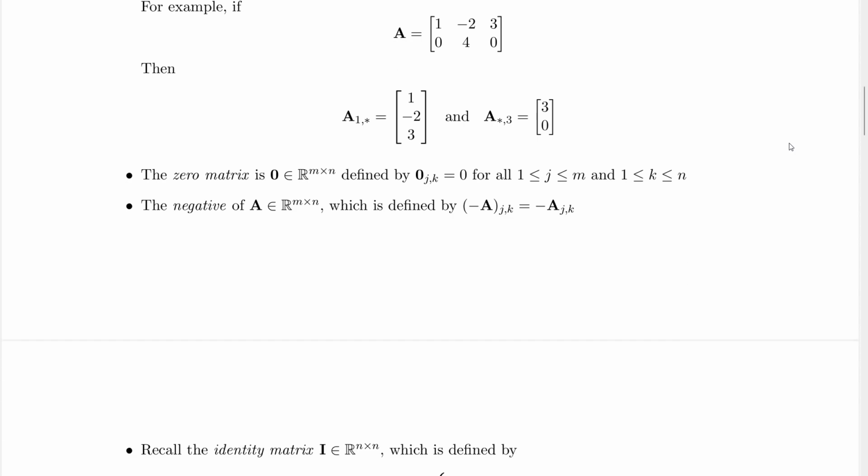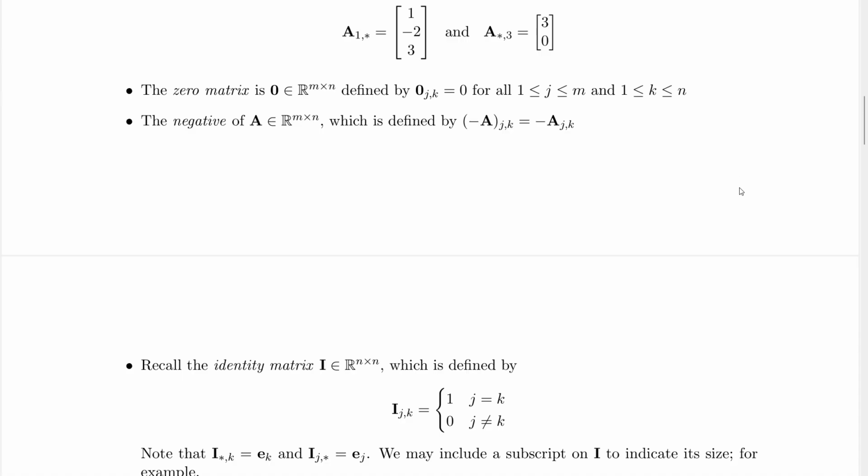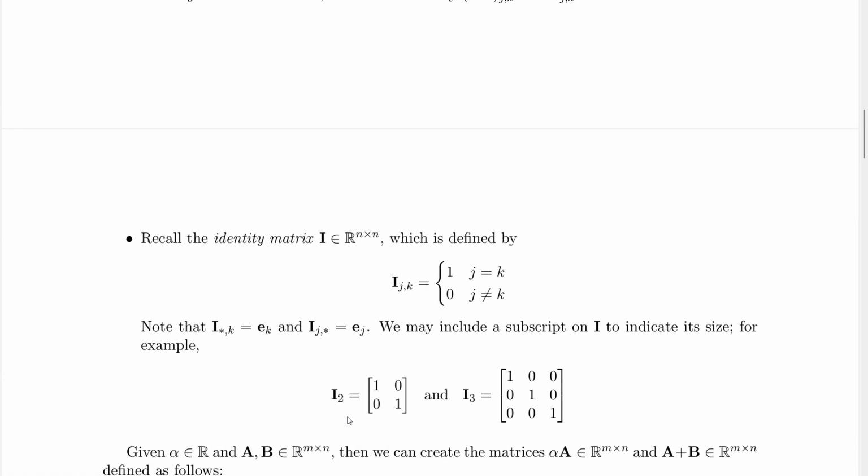Let's go ahead and recall our friend the identity matrix, the matrix where we have 1 on the diagonal and 0 elsewhere. Note we have some new context for this. The columns are the standard unit vectors, and so are the rows. As we noted, we may include a subscript to indicate the size of the identity matrix. So if I want to talk about the 2 by 2 identity, there it is.